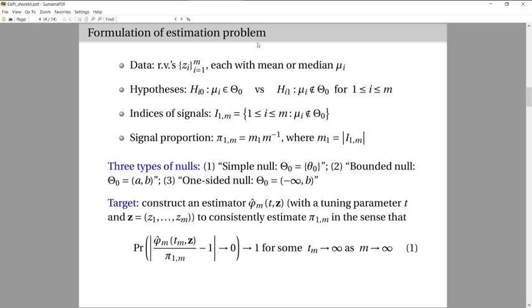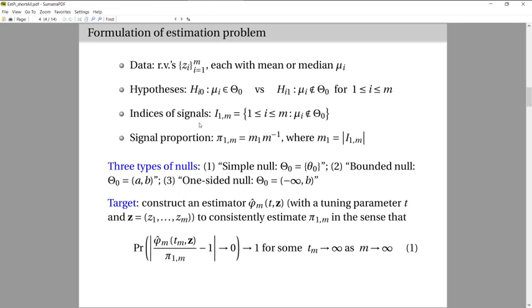The estimation problem can be formulated as follows. We have random variables z_i, i from 1 to m, each with mean or median mu_i. The z_i's are usually statistics. The ith hypothesis tests if mu_i belongs to Theta_0, the null set that's pre-specified, or not.